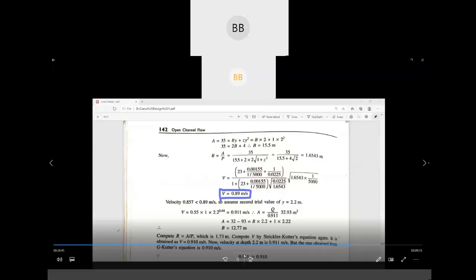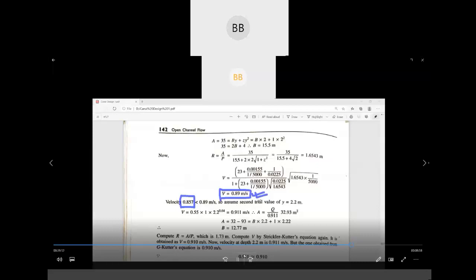Here in the second step we got a velocity of 0.857, and the velocity calculated just now is 0.89. So these two are not the same. Definitely 0.857 is less than 0.89 meter per second.